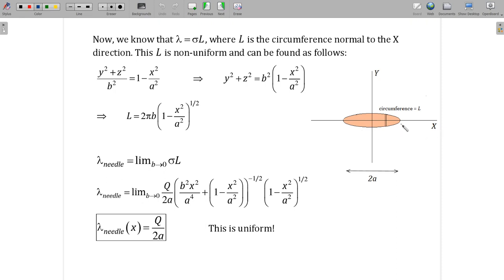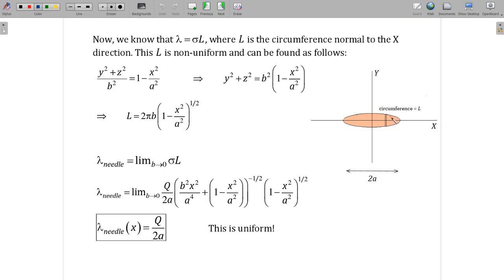So let us assume that we are somewhere in that process, where b and c are decreasing towards 0. How do you change the surface charge density sigma into the linear charge density lambda is what we are going to look at.